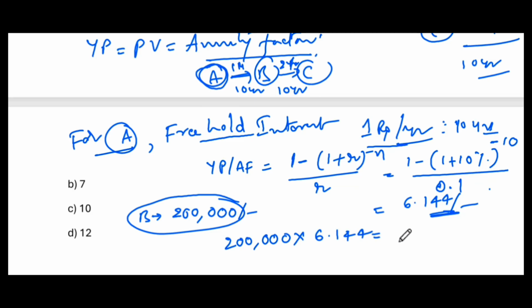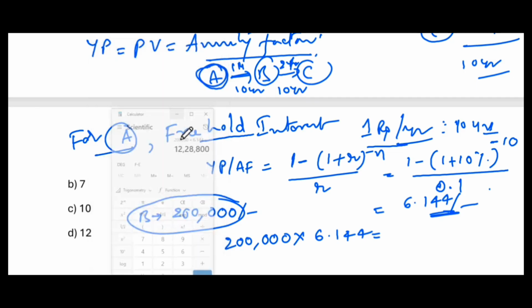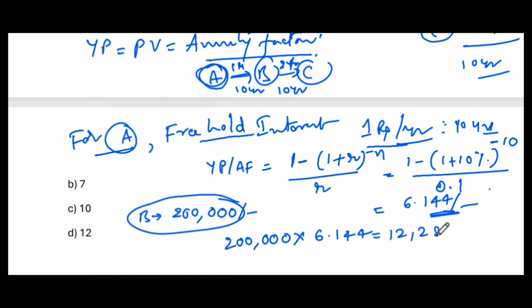That means the freehold interest will be how much? Calculate this. 2 lakhs into 6.144 means 12 lakhs 28,800. That is the freehold interest value.